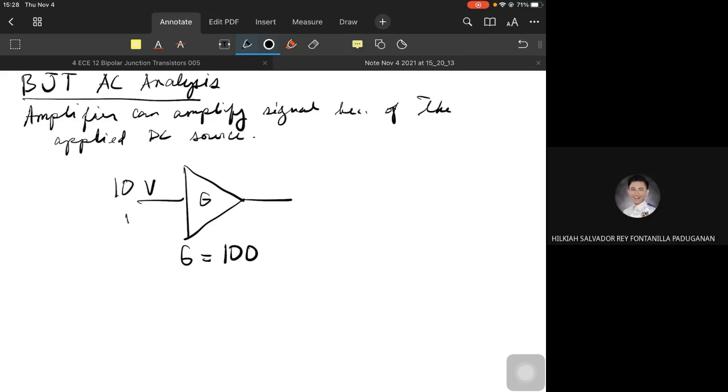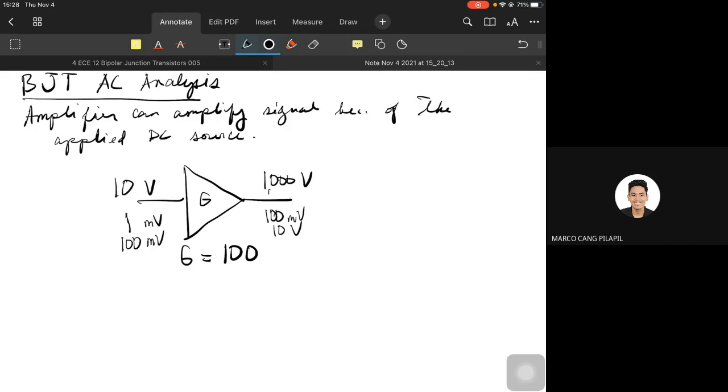So, 1,000. 1,000 volts. So again, if 1 millivolt, the output is 100 millivolts. If the input is 100 millivolts, the output is 10 volts. So if the input is 10 volts, the output is 1,000 volts. Right?